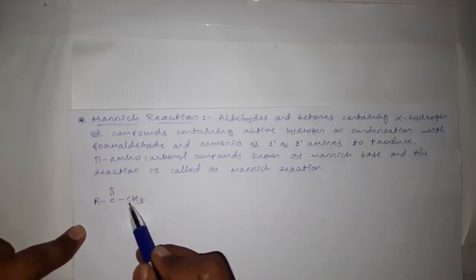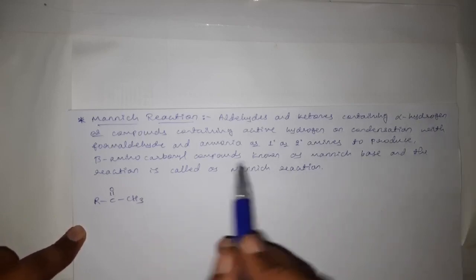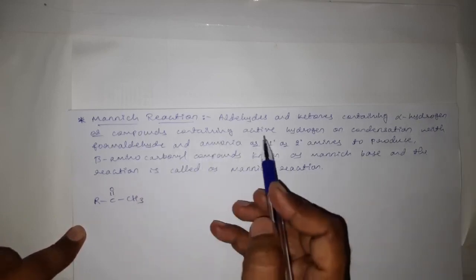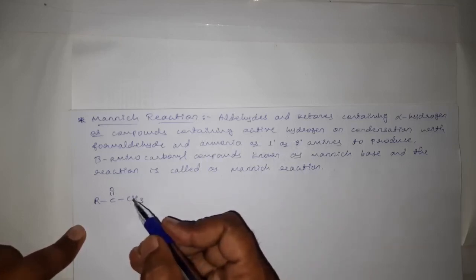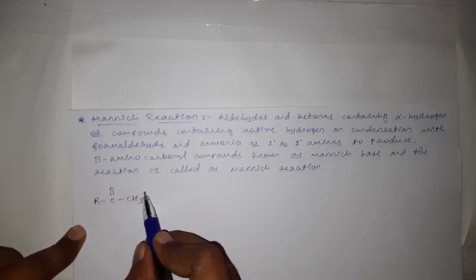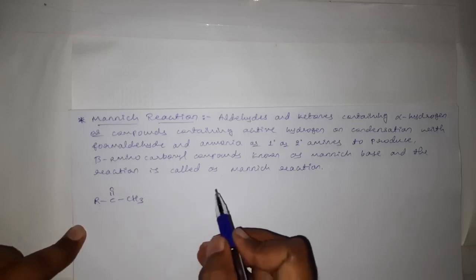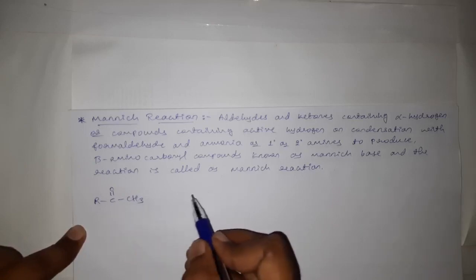This is the alpha carbon, and these three hydrogens are called alpha hydrogens. Or other compounds which are containing active hydrogen. The hydrogens present on this alpha carbon are called active hydrogens. Why? Because these are actively participating in the reaction.